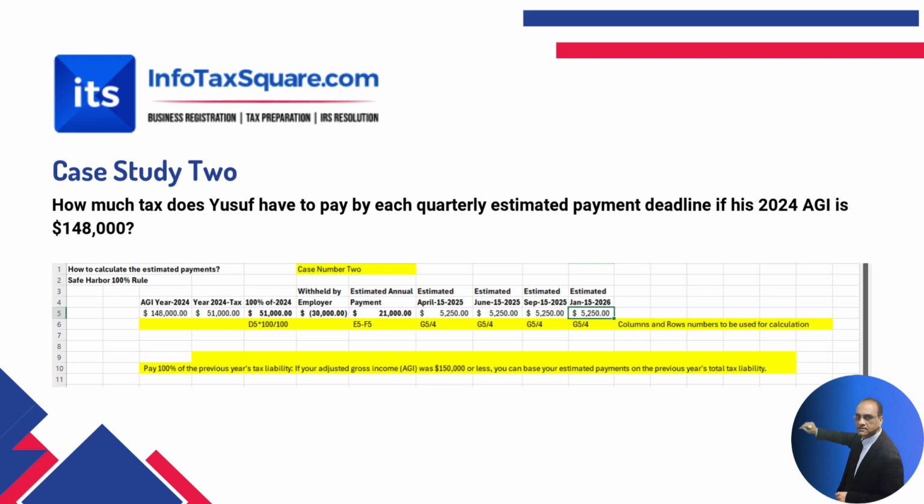The second quarter is due June 15, 2025. The third one is September 15, 2025, and the last is due in the following year, January 15, 2026. And each quarter will use the same payment, $5,250, to cover his deficit of $21,000.